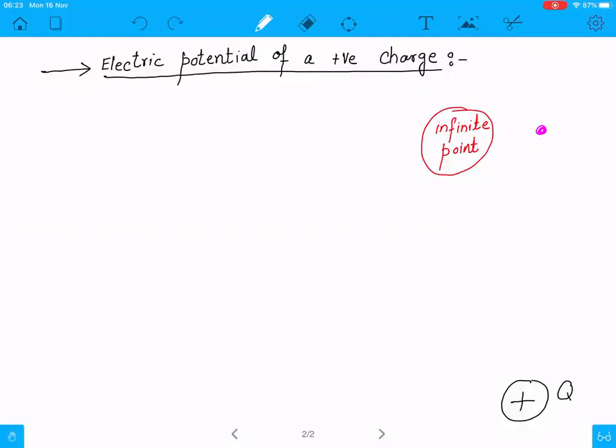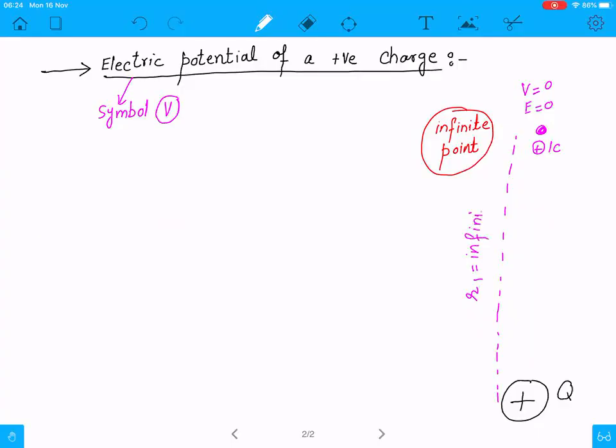Now, at infinite point, the electric potential is represented by symbol V basically. At infinite point, the electric field strength is 0 and electric potential is also 0. Now, if we take a charge of +1 coulomb at infinite point, the distance of infinite point from this charge, this is the initial distance and it will be infinite.